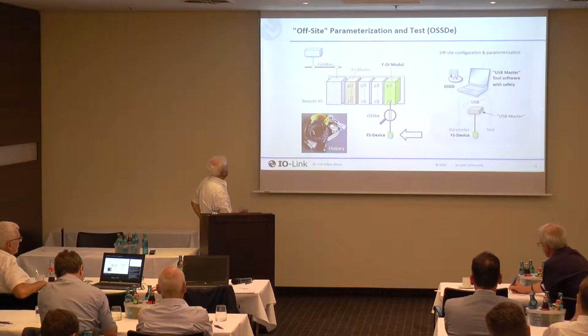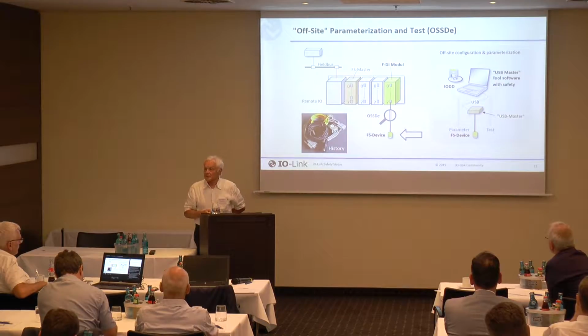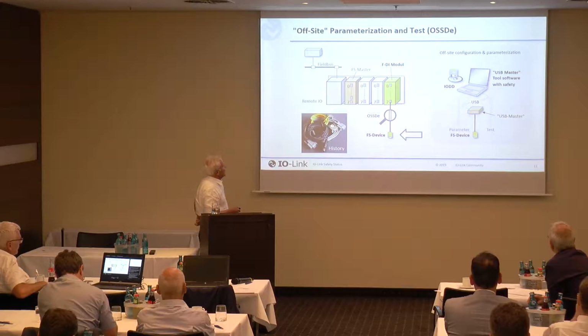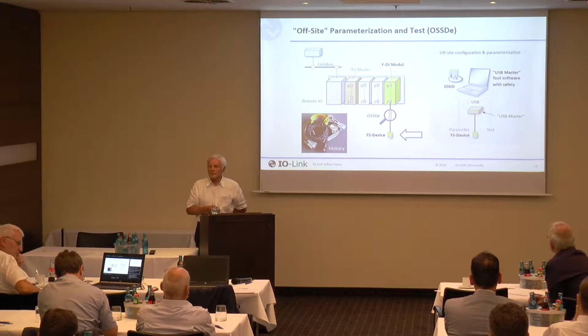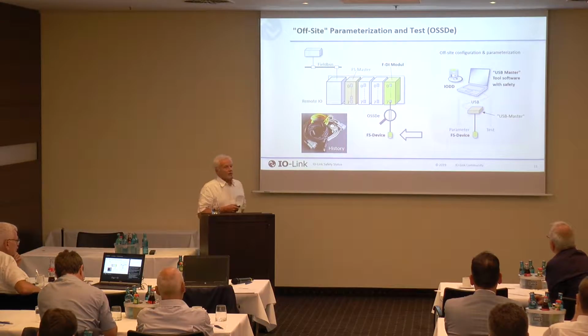So in my previous life with ProfiSafe, I had these kind of cables for any of these devices to parameterize and to diagnose and whatnot. Now with IO-Link, it's much easier. You can use the standard cabling of this device, and you can parameterize for use on FDI modules.